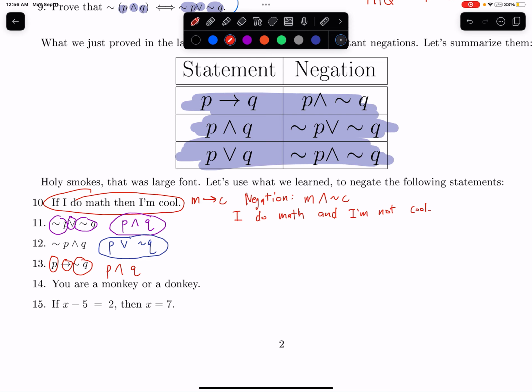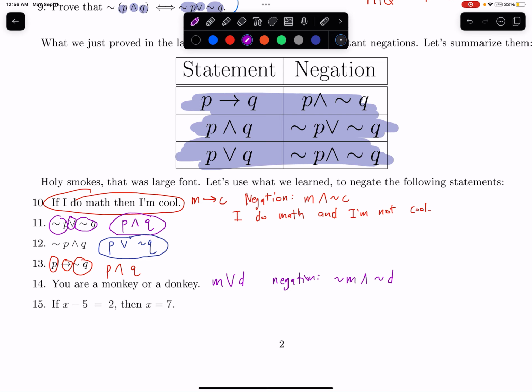Okay, number 14, you're a monkey or a donkey. Let's do the translation to symbols first. That says monkey or donkey. So the negation would be negation M and negation D, right? So now let's translate that back to English.